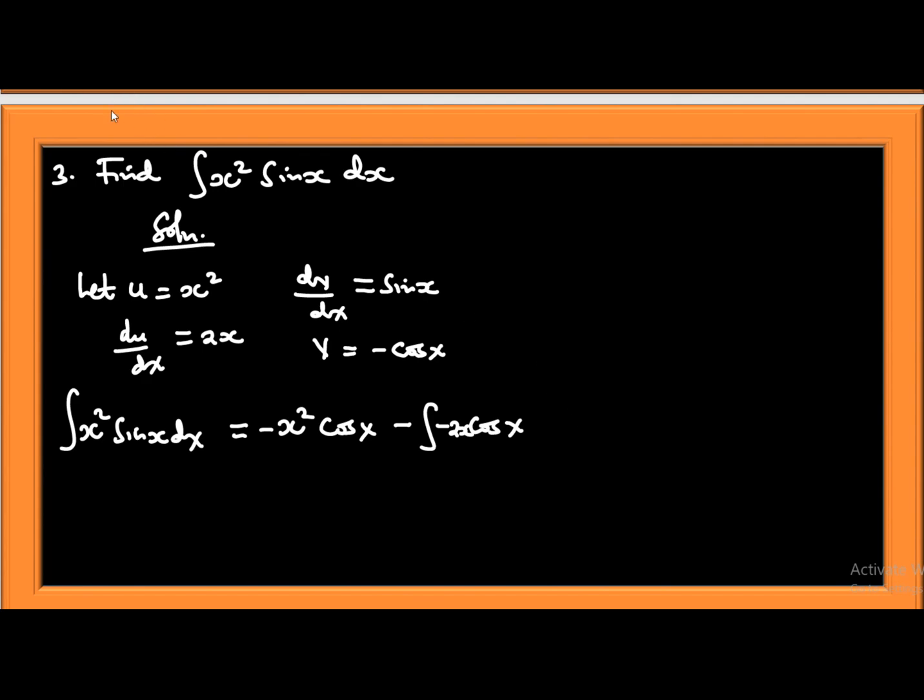Maybe we can make it clear that we have a negative, then we have a 2x, and then a cos x dx.